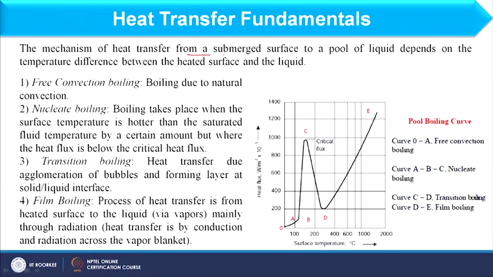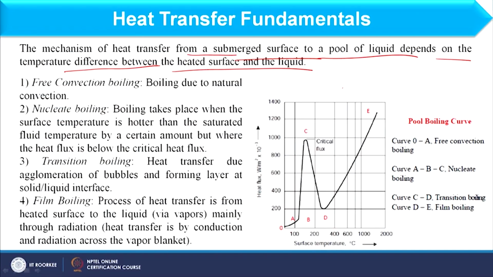Okay. And now we will discuss some fundamentals about heat transfer in the reboiler. As we have already seen, reboilers basically involve a boiling operation, fine, either shell side or tube side. So the mechanism of heat transfer from a submerged surface to a pool of liquid depends on the temperature difference between the heated surface and the liquid. Okay. So when I consider the boiling mechanism, I should also focus on the boiling curve.